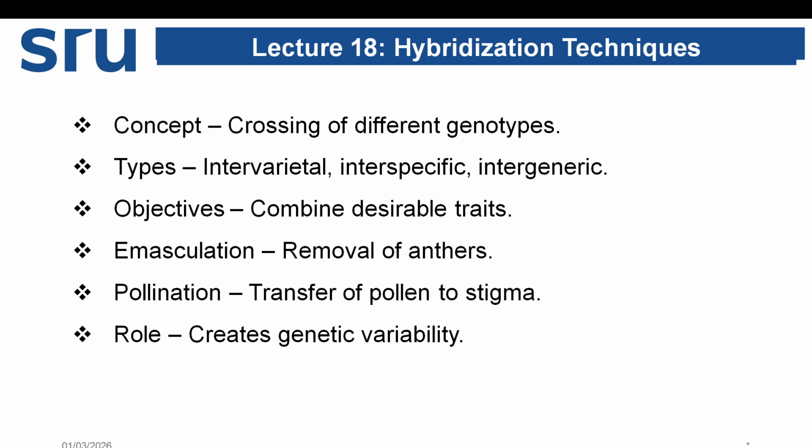The most basic objective is the combination of desirable traits. Then emasculation and pollination. Emasculation is as simple as removal of anthers, and pollination means transfer of pollen from anther to stigma. We will also see the role of hybridization techniques in creation of genetic variability.